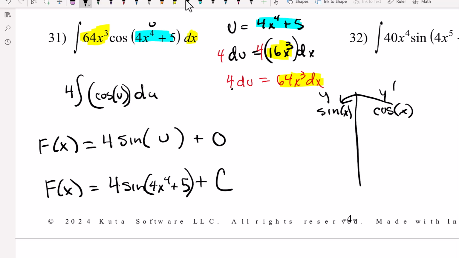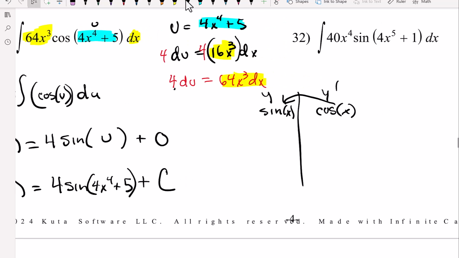And then if you want, do the check, take the derivative. So you've got 4 times, remember the 4 is just a multiplier, the derivative of sine is cosine.